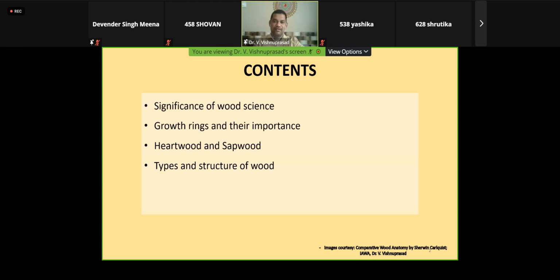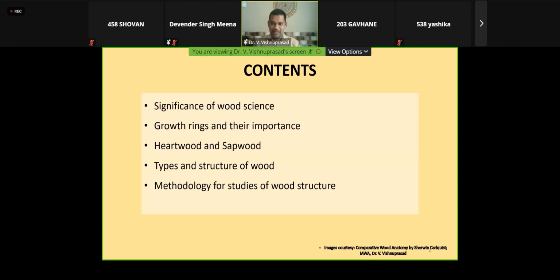So when we start from the beginning, if I have to introduce this science of wood, the first thing that can come to our mind or we can discuss is that wood is a common term, and we come across wood in our daily life in various ways. I guess everybody would agree to this, right?